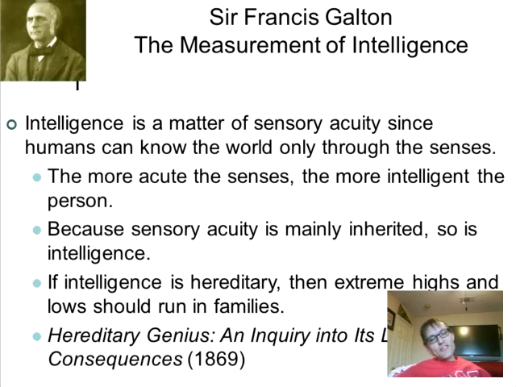Remember, they would tell us that the only way that we can know the world is through a sensation. That is, as the empiricists have been teaching you, before something comes into your mind through your senses, you can never have knowledge. Okay, so this is an old idea. Okay, and so sensory acuity, that is, the better you see or hear, the more knowledge you gain. Okay, so the more intelligent you'd be.